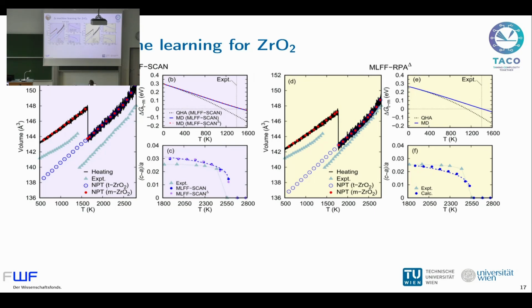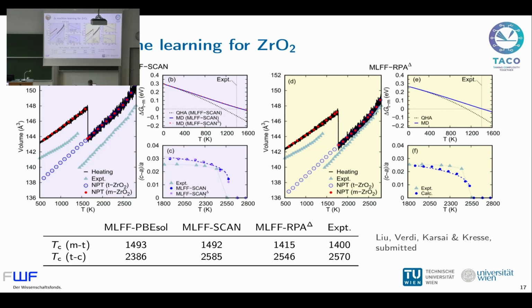Finally, we redid all the calculations that I showed you before, this time at the level of SCAN and RPA. So again, the simple heating and cooling of the system, and then the thermodynamic integration to get free energies, and also look at the tetragonality parameter to extract the cubic to tetragonal transition temperature.